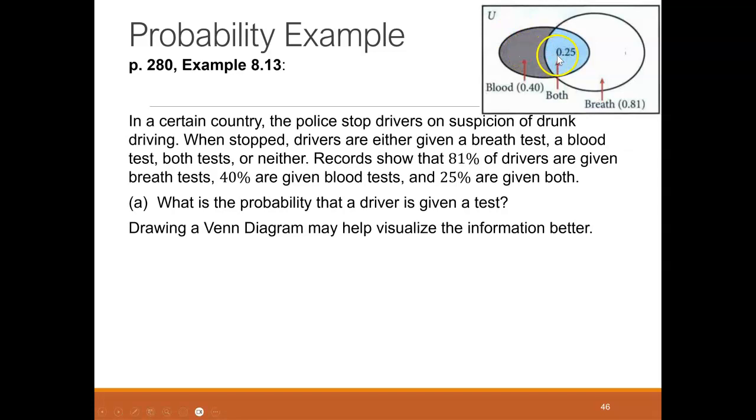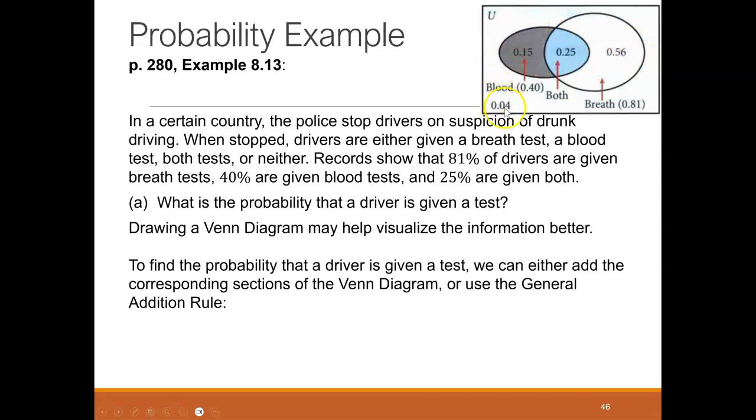So if I know that the both is 0.25 and 40% are blood, but we're counting 0.25 of them there, we know that blood only is 0.15. Similarly, we can say that breath only is 0.56. And if I take the difference of the sum of these three minus 1, that'll tell us the neithers are 0.04.